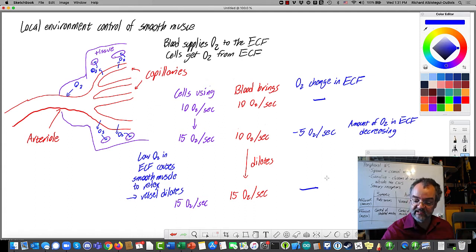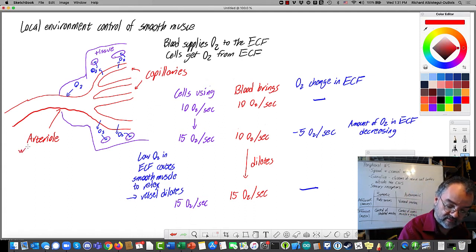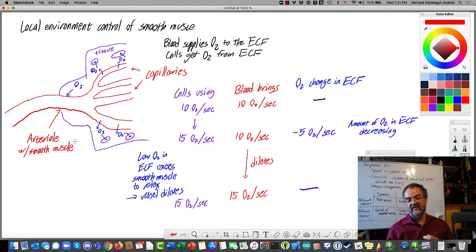So if we set it up so the smooth muscle in this arteriole responds to the local oxygen levels, and when the oxygen levels drop, that muscle relaxes, that's going to supply blood to the areas that need it. When that area starts using more oxygen and it starts depleting the amount of oxygen in the ECF, that causes the smooth muscle in the arterioles supplying that area to relax.